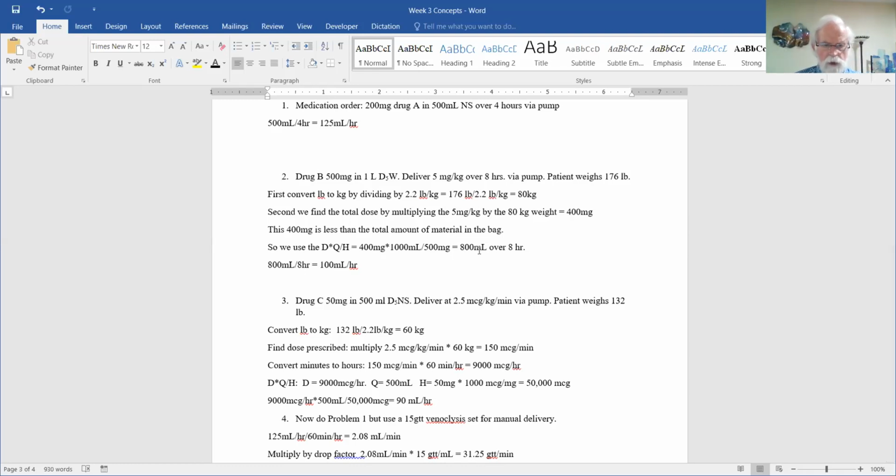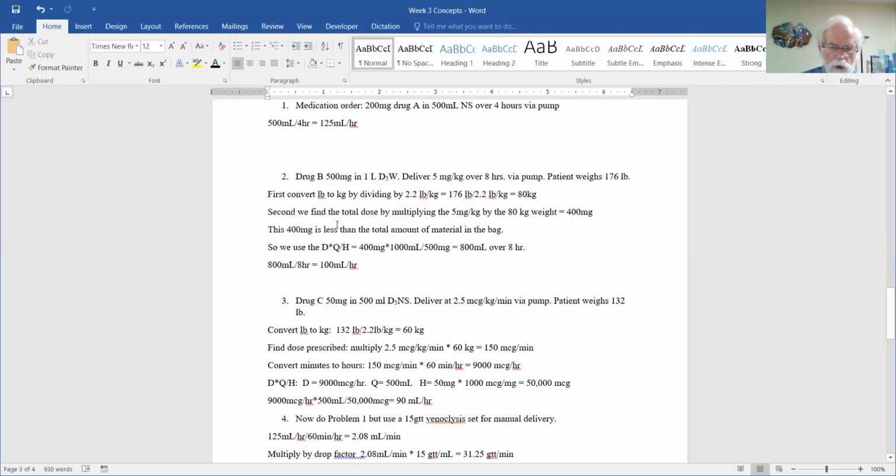There are lots of ways to look at calculations, and some people will develop their own means of solving problems. It is irrelevant how you get to the right answer, as long as you get to the right answer, because that's what the patient needs. In this case, we find out that we want to be delivering this at 100 milliliters per hour. In 8 hours, we're only going to use 800 milliliters, but that's okay.